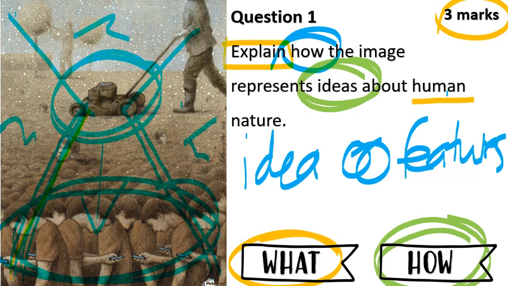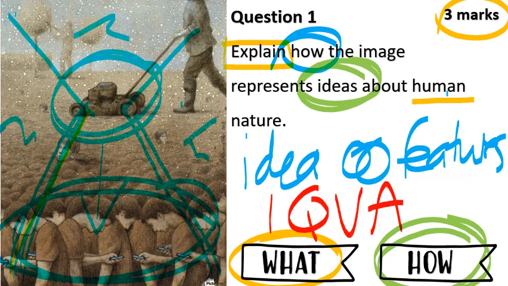It's being demonstrated through the feature of, and this feature is, and so you make sure that you are using your IQVA scaffold to answer that question. Okay, I'm sorry that took a little bit long to go through, but I think it's worthwhile that we take the time to unpack how to answer that question effectively.